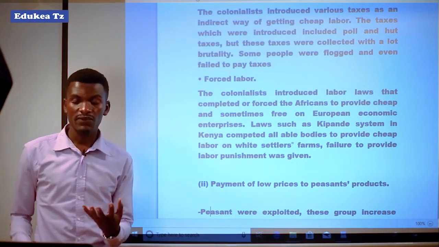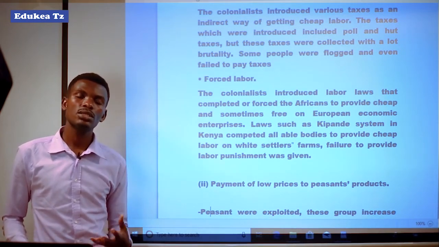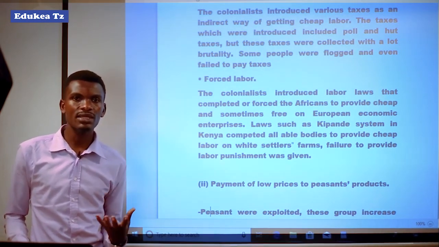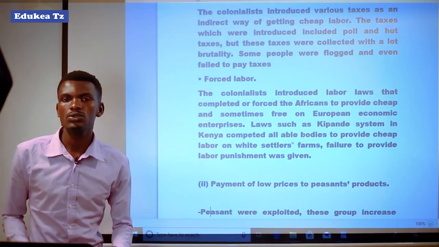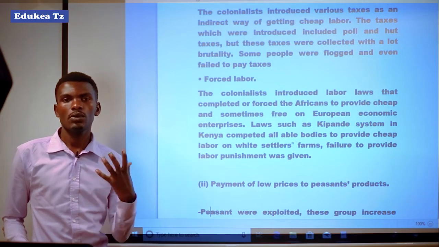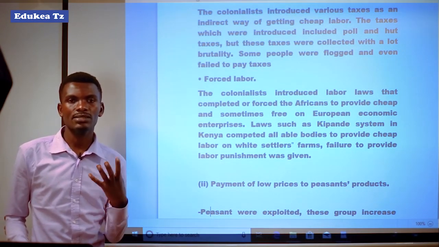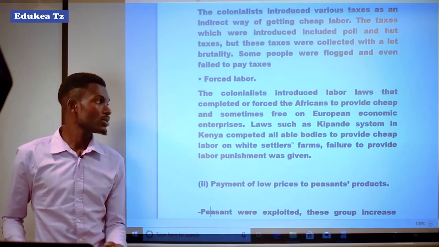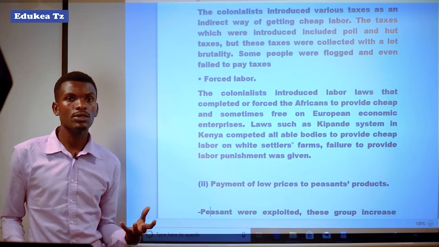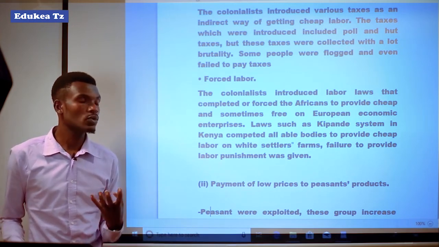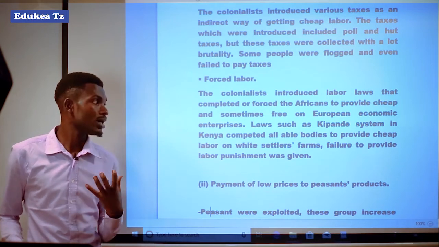To mean that, in forced labor, you can see that the colonialists introduced various labor laws which forced the African people to work on the colonial farms and plantations, as well as mining centers, so that they could help the Europeans get their demands or their interests.